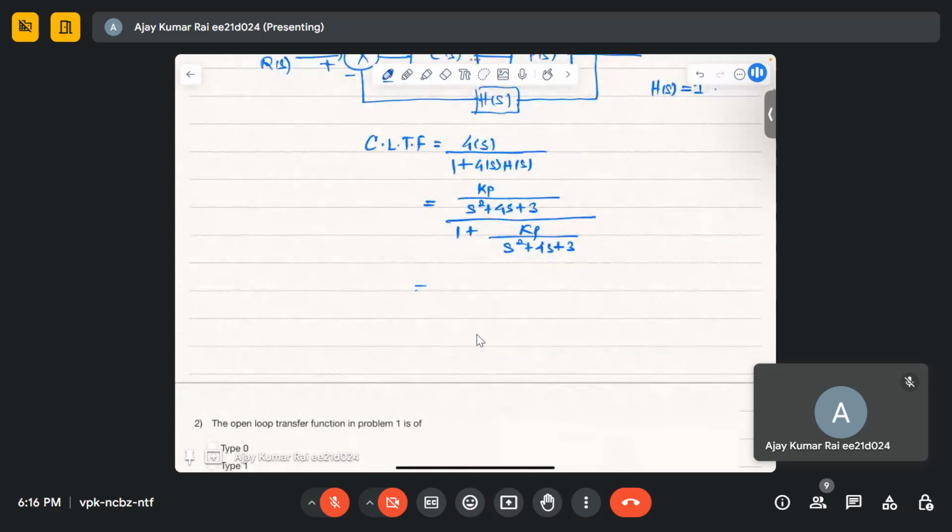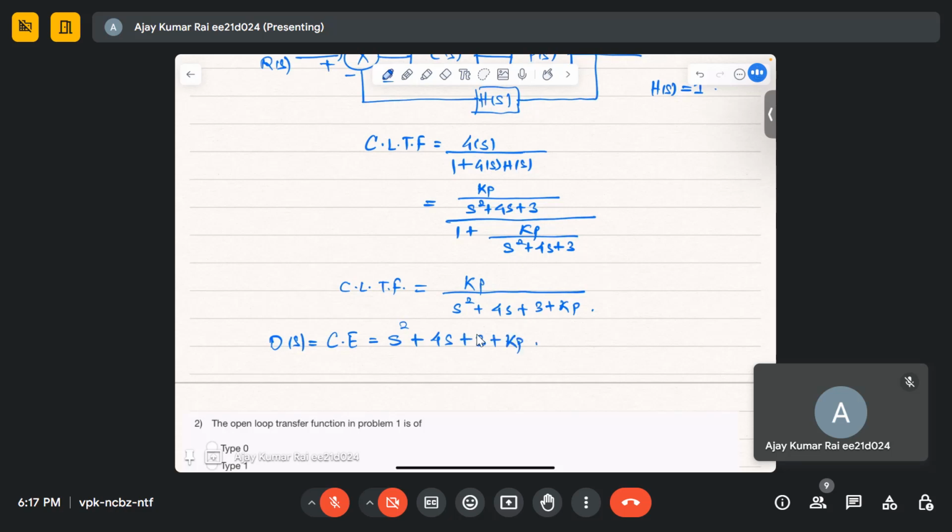So this is Kp by s square plus 4s plus 3 plus Kp. This is the closed loop transfer function. To find the stability, we consider the characteristic equation, which I call D(s), the denominator: s square plus 4s plus 3 plus Kp.